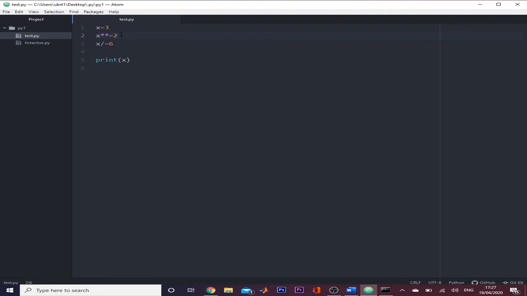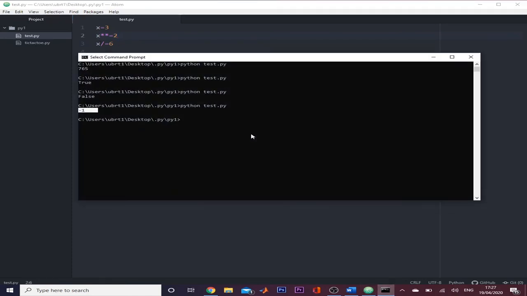Now by using this power equal operator, the new value of x is 3 raised to power 2, which is 9, and then by using the division equal sign I am dividing 9, the previous value of x, by 6. So 9 divided by 6 is the new value. We can see the answer here. 9 divided by 6 is equal to 1.5.